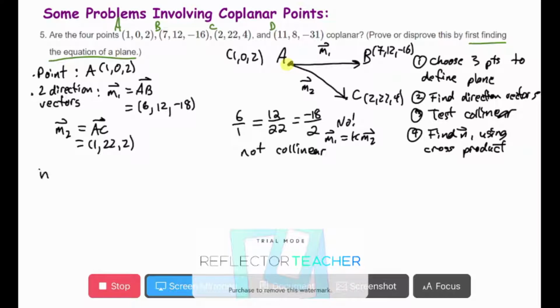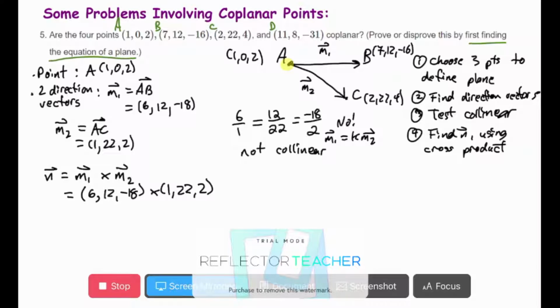So n equals m1 cross m2. Let's plug those values in. So m1 is equal to 6, 12, negative 18, cross 1, 22, 2.